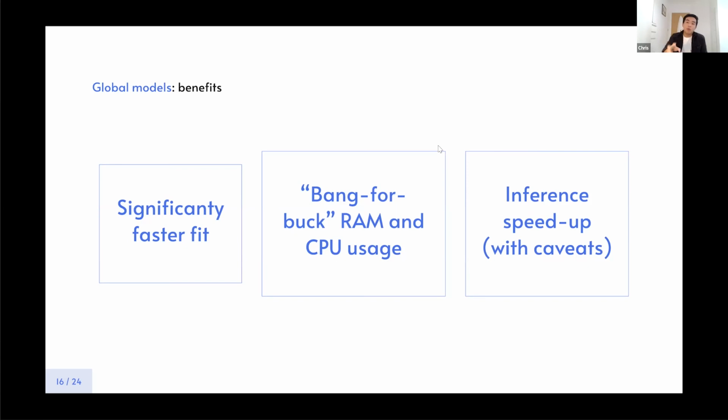But if you have a global model, you fit your entire data set in memory, and you run your model entirely from that in-memory representation of your data set. Right, I mean, this is the revolution that you saw in deep learning, in NLP and computer vision.